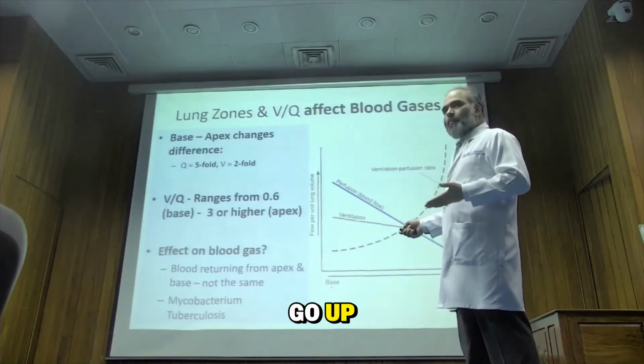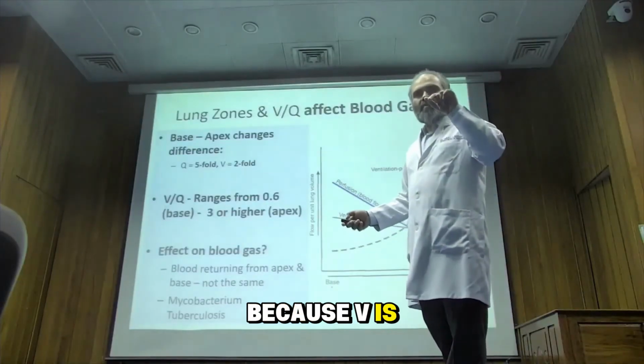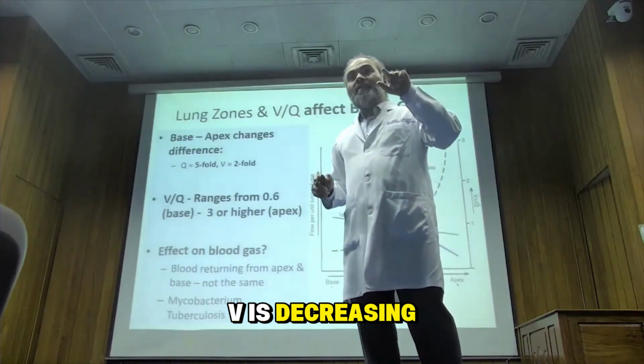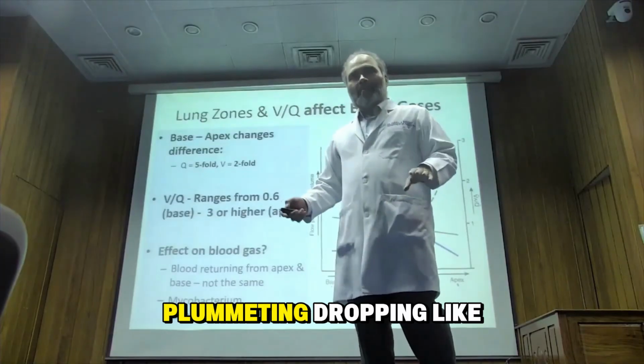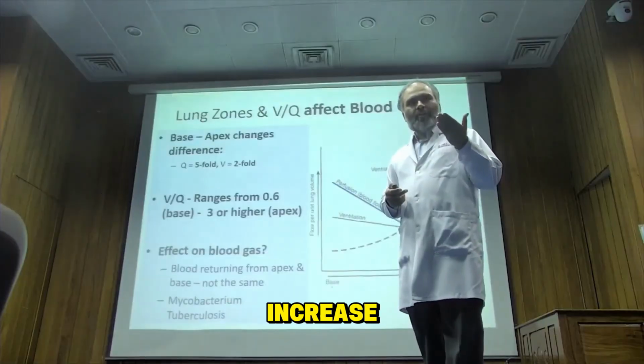As you go up, V over Q starts to rise because V is decreasing less than Q. Q is really plummeting, dropping like anything. So the ratio starts to increase.